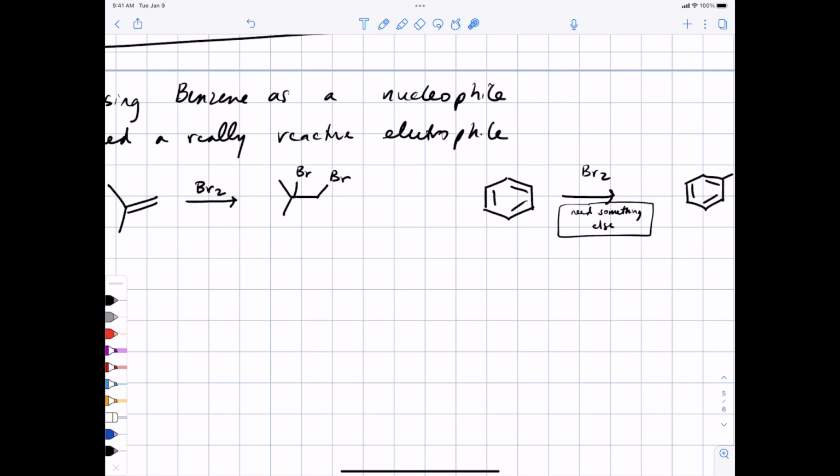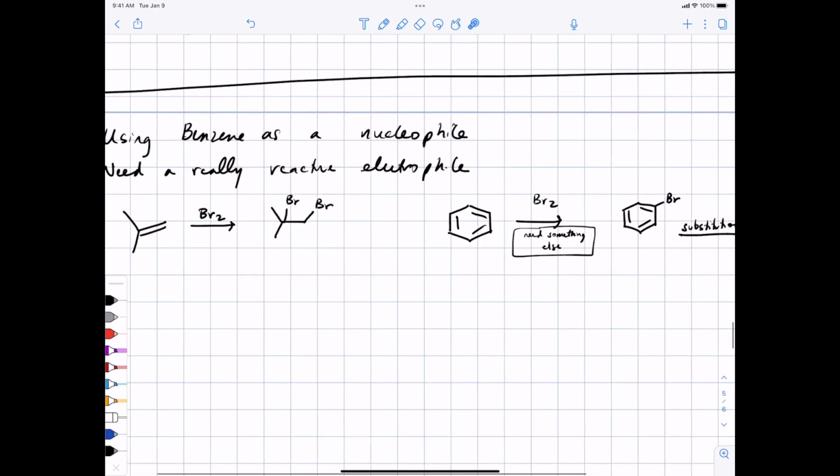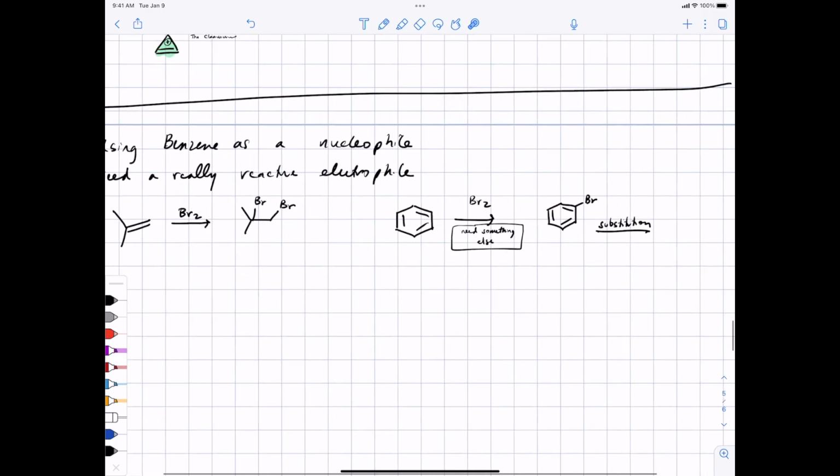That's going to be the theme for all of the reactions in the next chapter. They are all called electrophilic aromatic substitution reactions. But the key is substitution rather than addition.